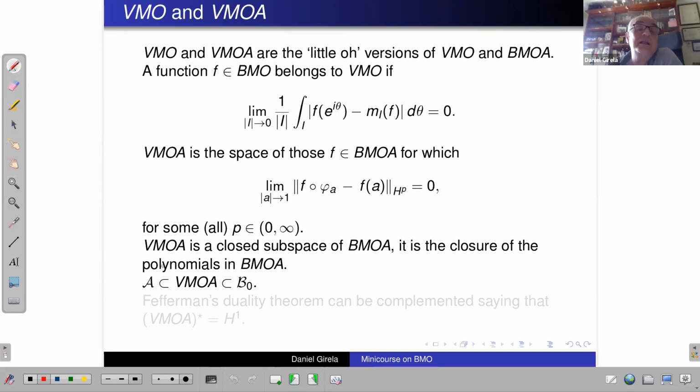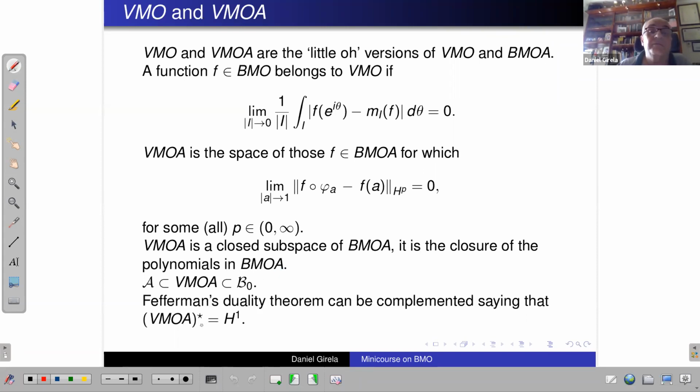And actually, we have that this algebra is contained in VMOA, which is contained in the little Bloch space. I should say that Fefferman's duality theorem that I stated, that the dual of H1 is BMOA, can be complemented by saying that the dual of VMOA is H1. But I'm not going to get into details.